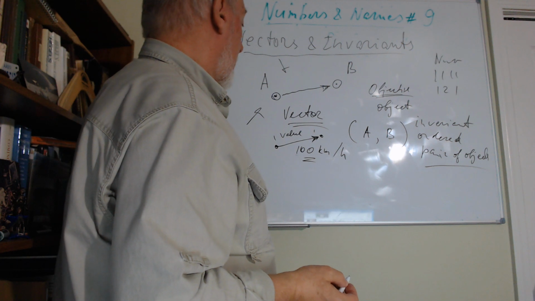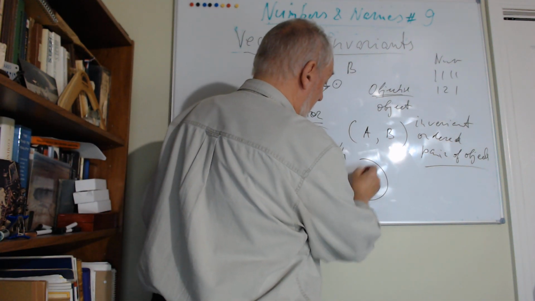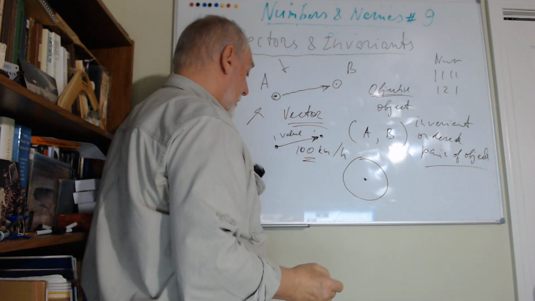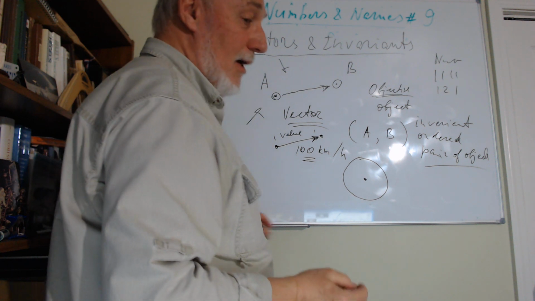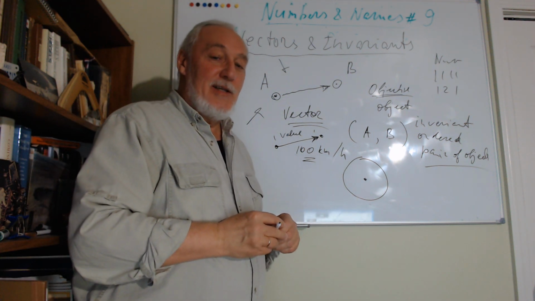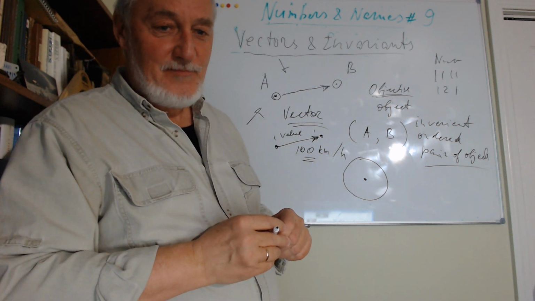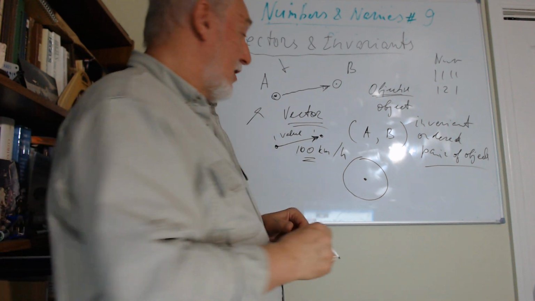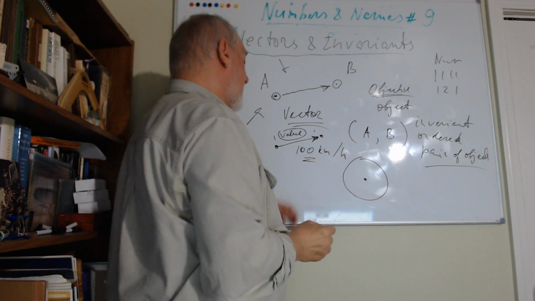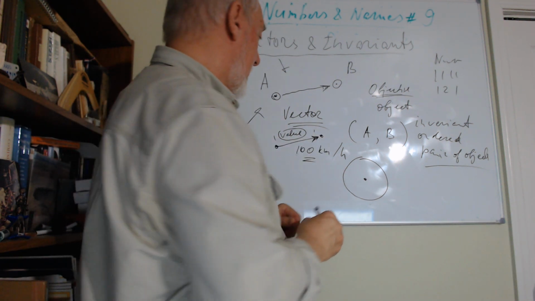Velocity is speed and direction. Speed means the value, the number 100.